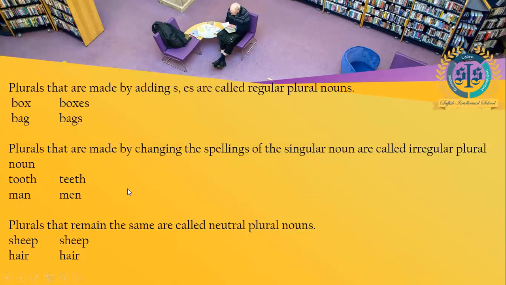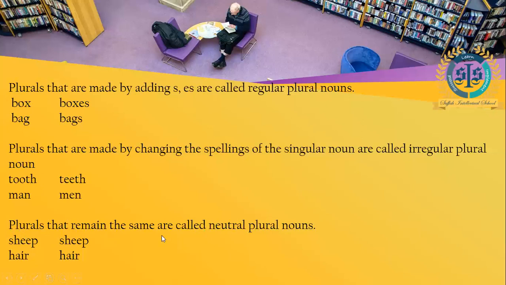There are several other plural nouns like that: mouse becomes mice, woman becomes women, foot becomes feet, goose becomes geese. All these are examples of irregular plurals.